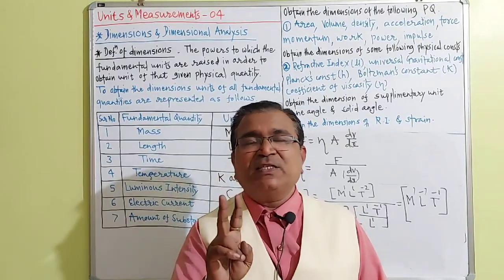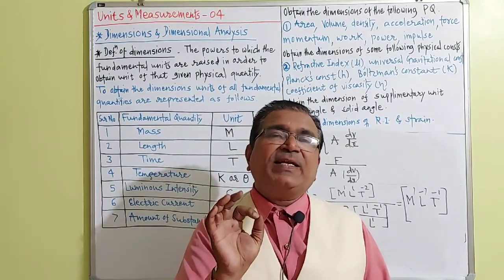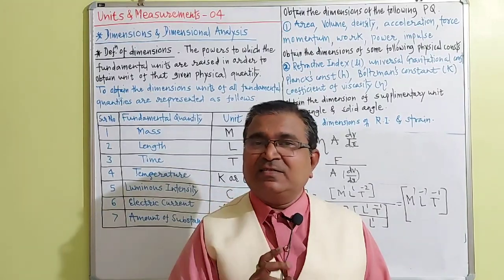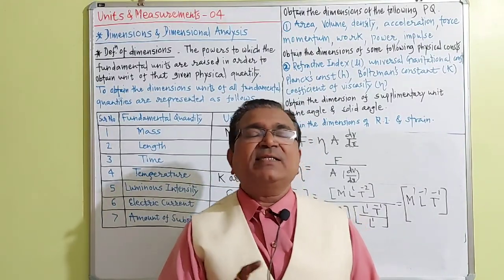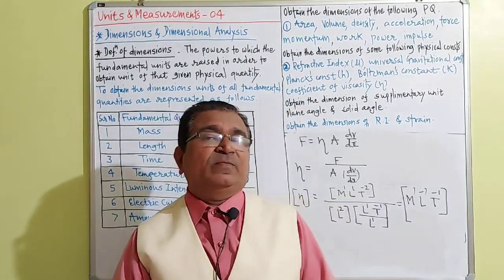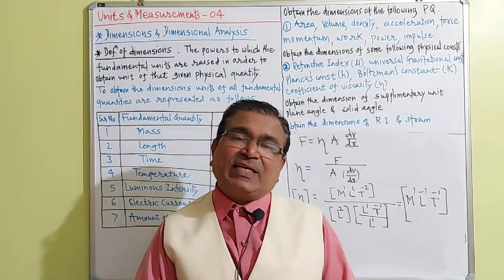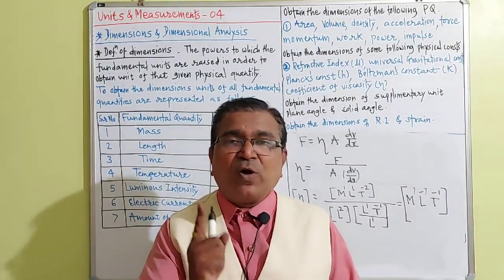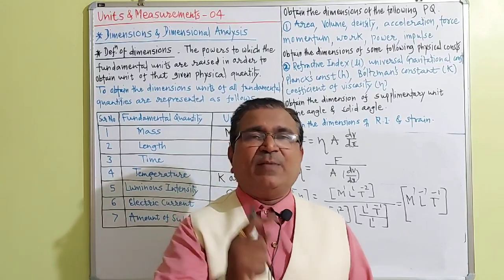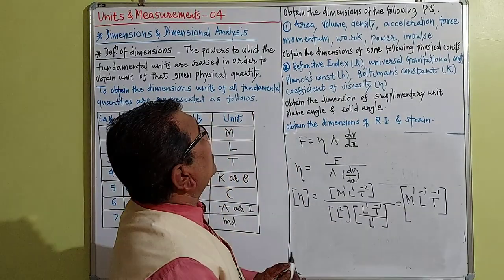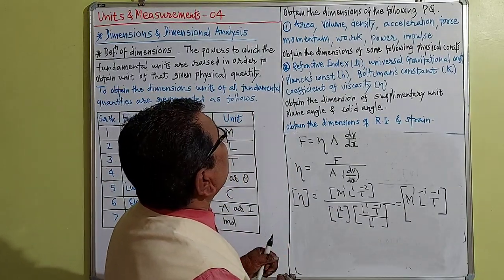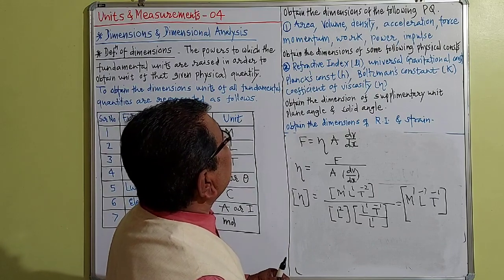Plane angle has the unit radian and solid angle has the unit steradian, but they are dimensionless.